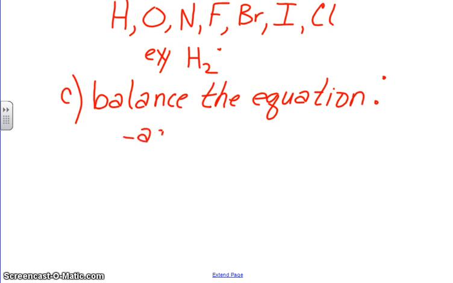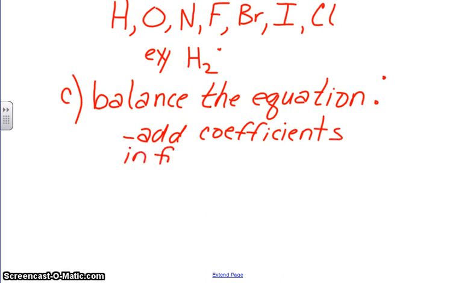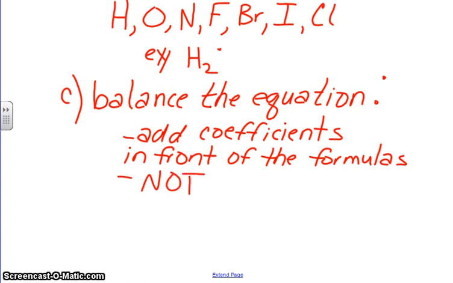You're going to add coefficients in front of the formulas. Blank N2 plus blank H2. Okay. Do not add them in the middle. We can only add them in the front, and it sort of acts as distributive property in math.